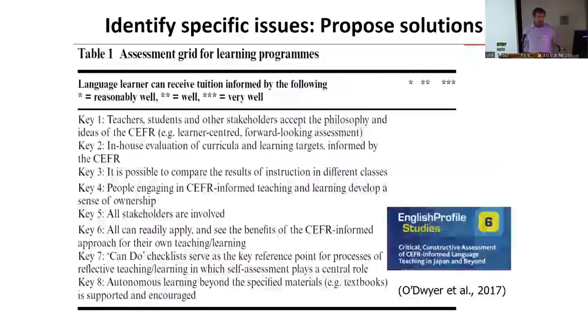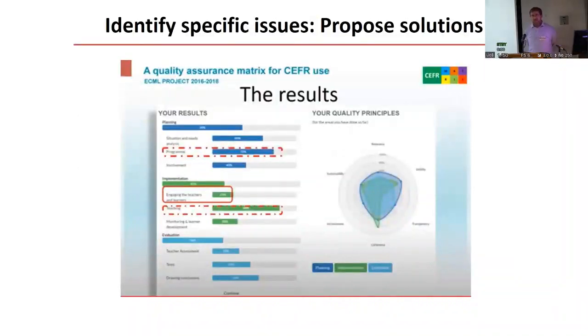Maybe on a lot bigger scale would be this relatively recent ECML project, Quality Assurance Matrix for CEFR use. If you go into that website, it's quite useful. They will give you 6 areas that you could examine your learning program in terms of: sustainability, inclusiveness, coherence, for example.